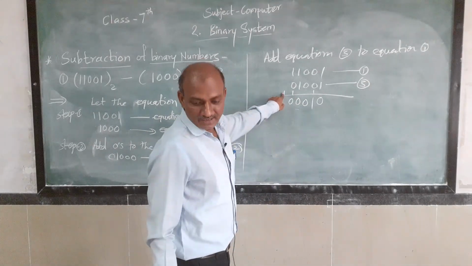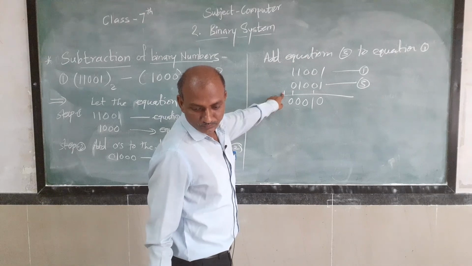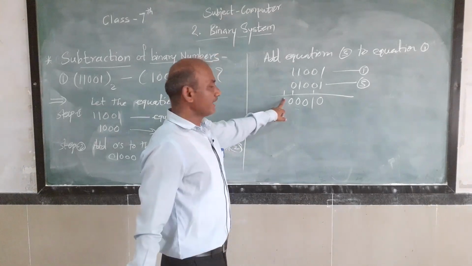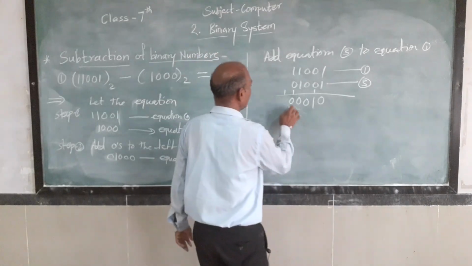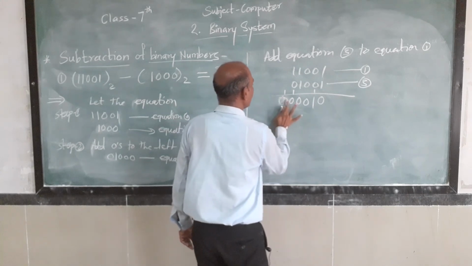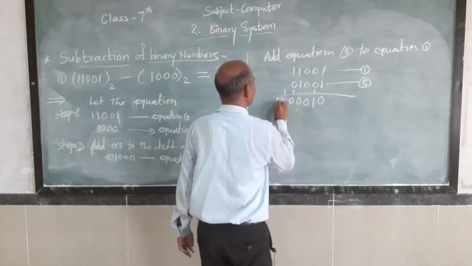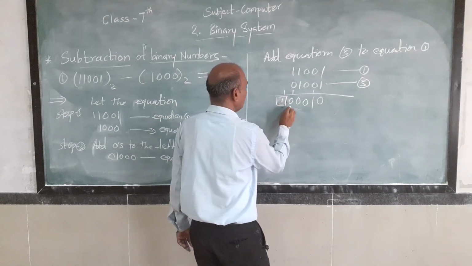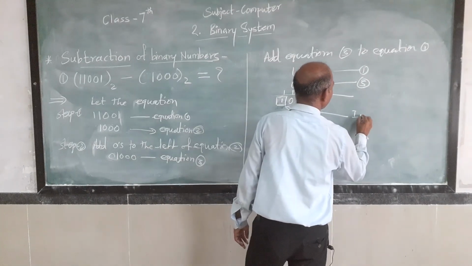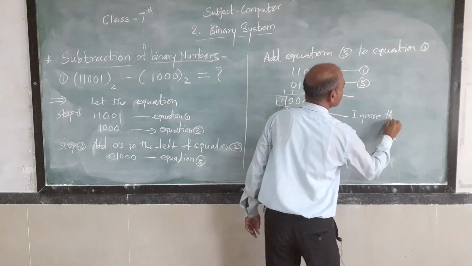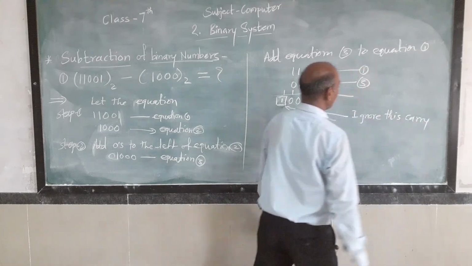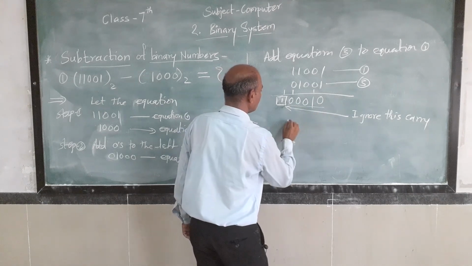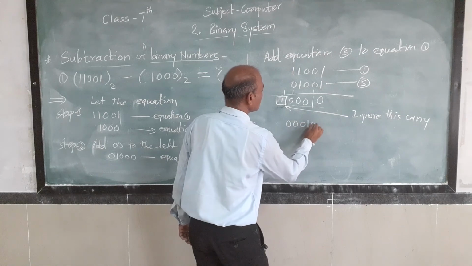A carry 1 is coming here. So what do we have to do? This carry we can write here, and you directly get the result 0 0 0 1 0.